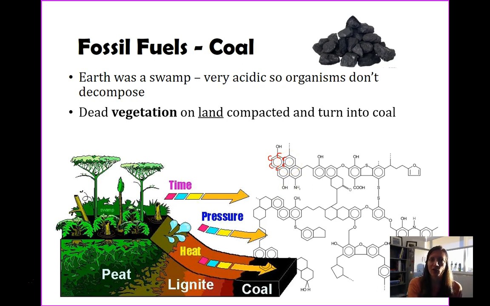And as you can see, coal has tons and tons of these rings. So coal has high carbon content. And I mean, that's to be expected, and that's not necessarily bad, but I'm letting you know this because we're going to compare carbon content between coal, oil, and natural gas, and coal has the most.